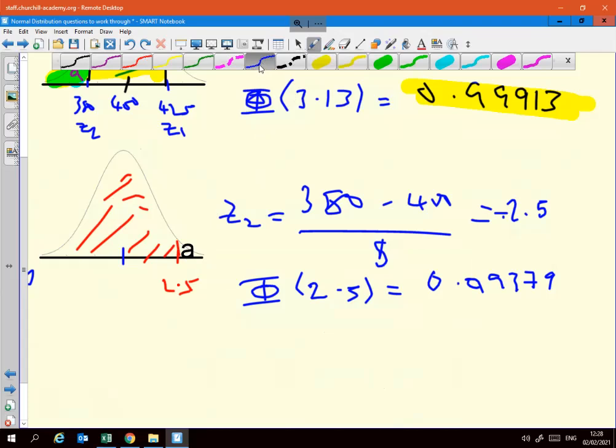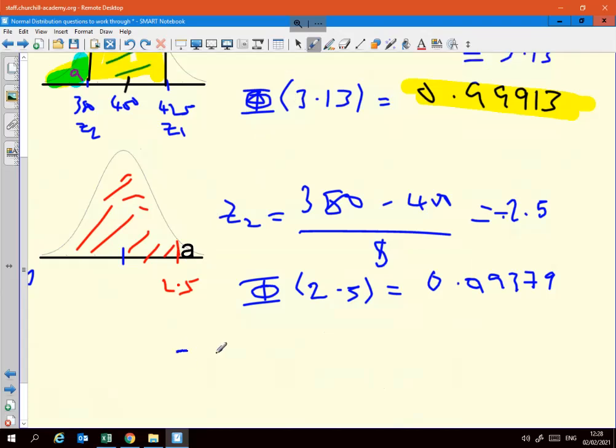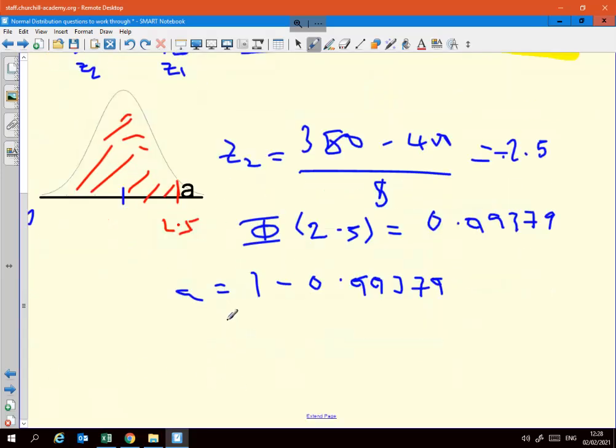I appreciate it's pretty complicated, but choosing to put a letter in there just makes it a tiny bit easier. I can now say A is 1 minus 0.99379. Nines are not coming out very well. That is 0.00621. We are very nearly there now.